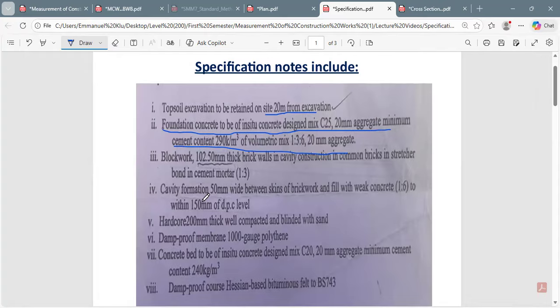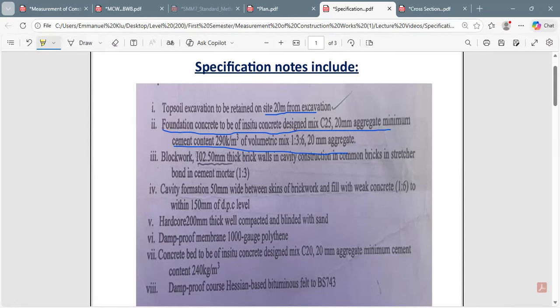Have you seen this value over here? Let me use something else to highlight it. What I just highlighted yellow, take it serious. So what I highlighted is 102.50. At the end of the day, we are going to divide it by 2. You divide it by 2, you are going to get 52.25.